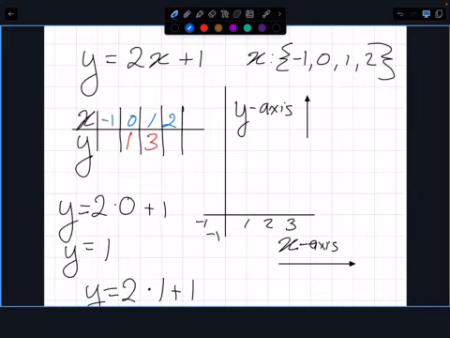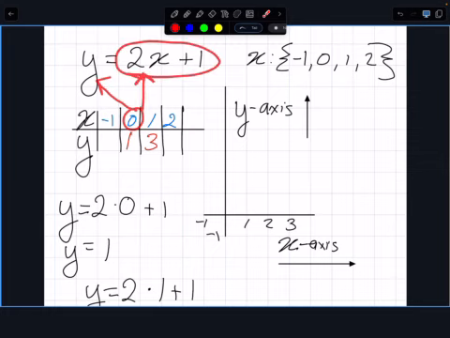It's an equation. That's a table that belongs to the equation. When x is 0, what is y? I use this equation to solve that problem.